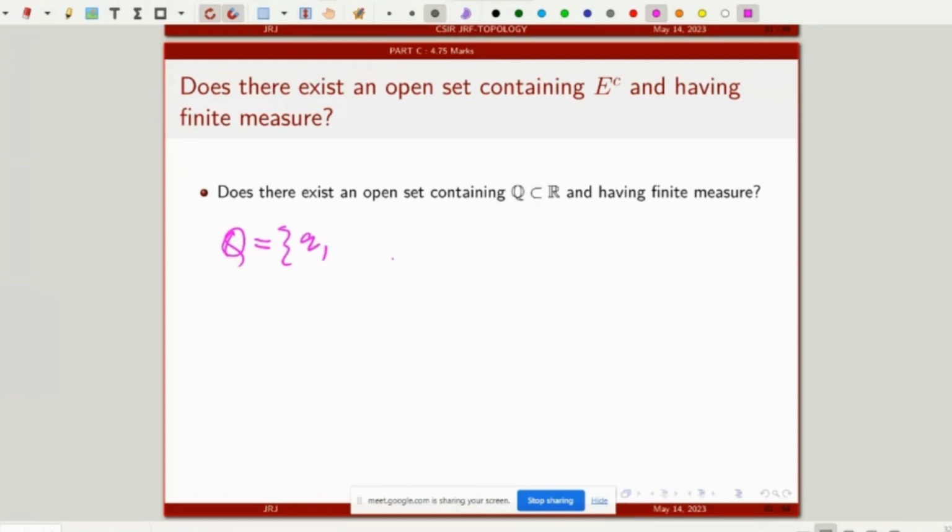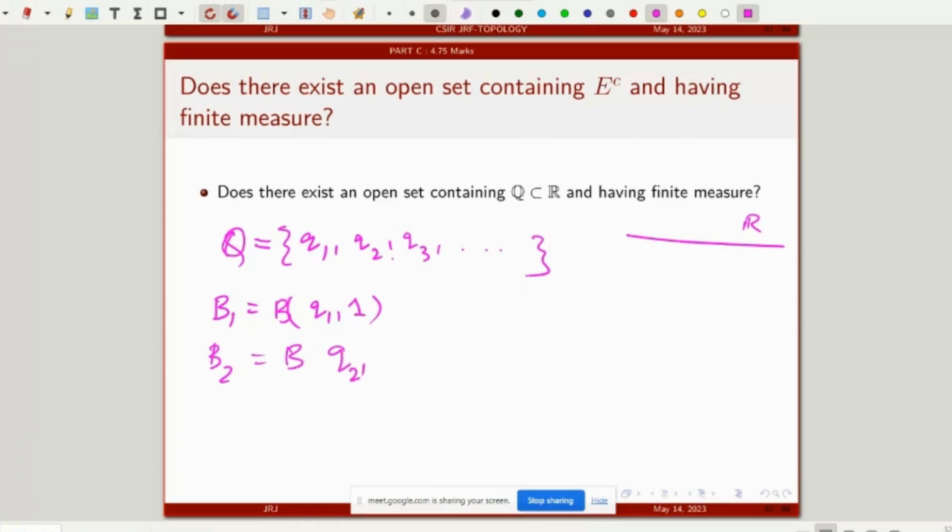So for this Q we will have an enumeration Q1, Q2, Q3, etc. Now consider B1 equal to the ball centered at Q1 with radius say 1 in R. So we have the real line. B2, consider the open ball centered at Q2 with radius half. B3, the ball centered at Q3 with radius 1/4.